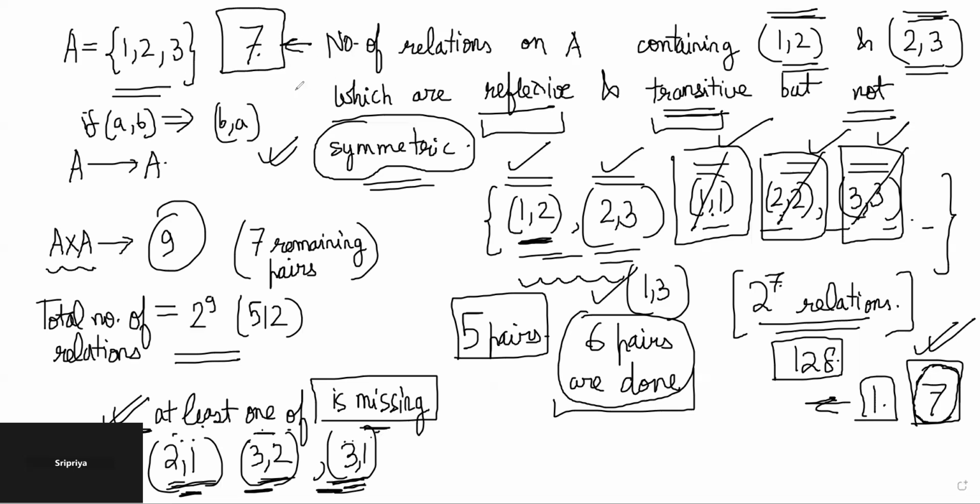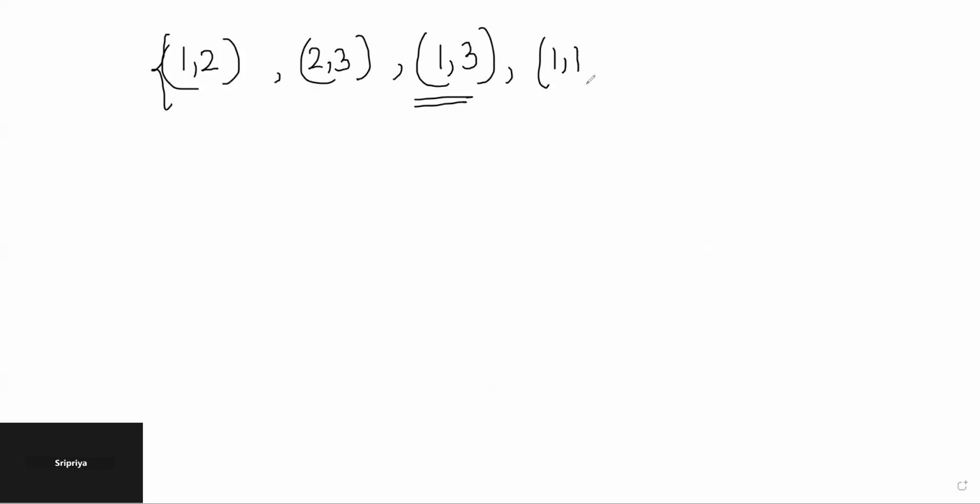Do you understand what has happened? Yeah, we just excluded one case where all three of them are there, and we basically had nine initially. The relations will be like this. 1 3 is present by the transitive property, 1 1, 2 2, 3 3 is present by the reflexive property, and now we need to make space for the remaining 3. One option is nothing.